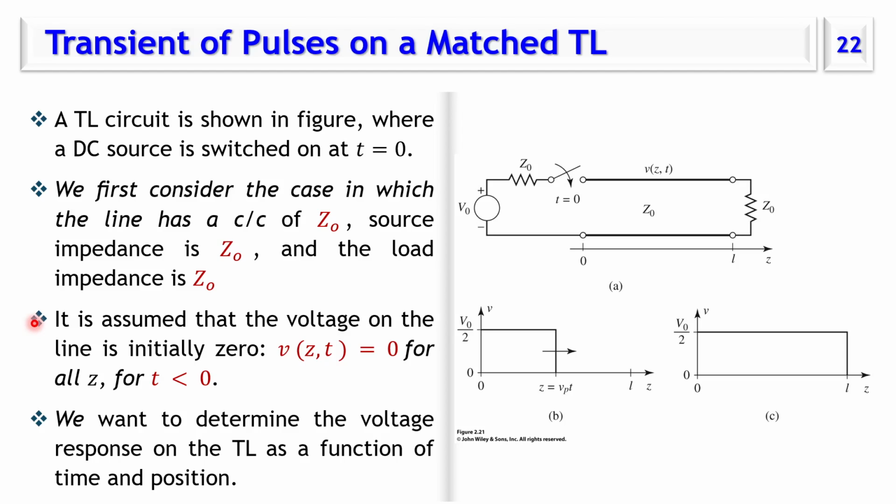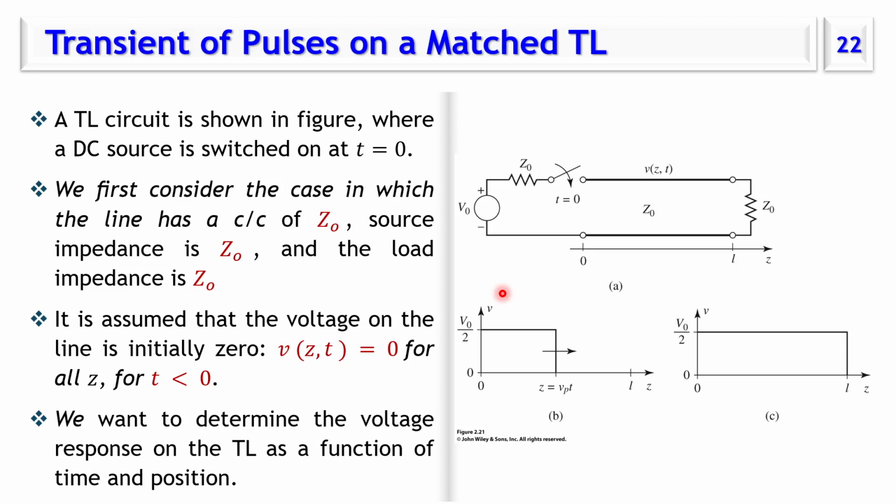We'll start with a very simple case of a matched transmission line, and we assume that at the beginning, at time equals 0, the potential on the line equals 0, and we switch it on at time equals 0, and we want to analyze this problem.